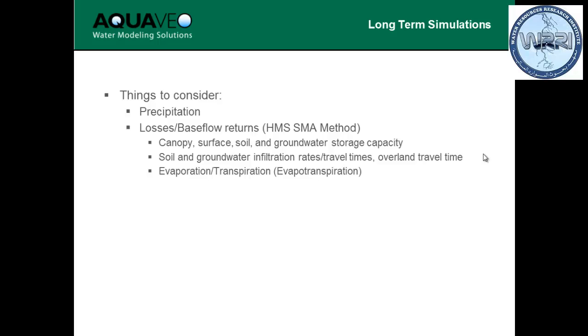Your losses include canopy, surface and soil losses, and also groundwater losses. You also have to include your evaporation and transpiration.